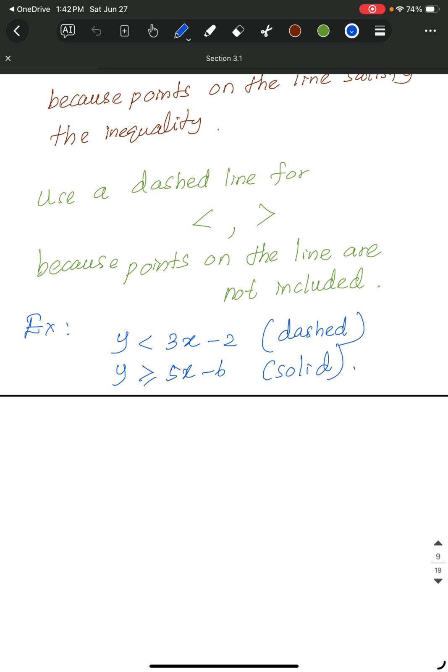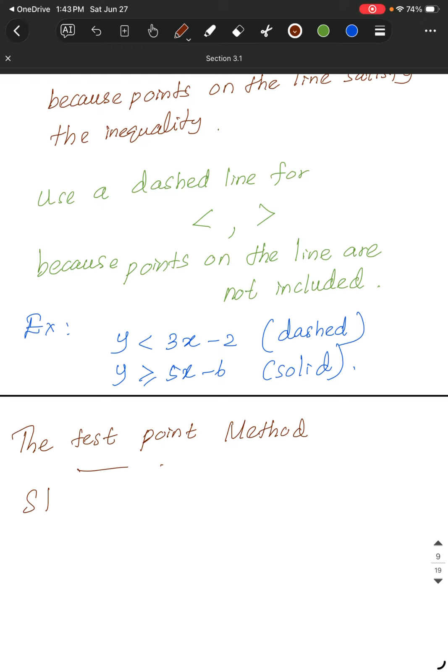The test point method is the easiest way to determine which side of the line to shade, because for an inequality the solution is not just a point, it should be a region on the plane.